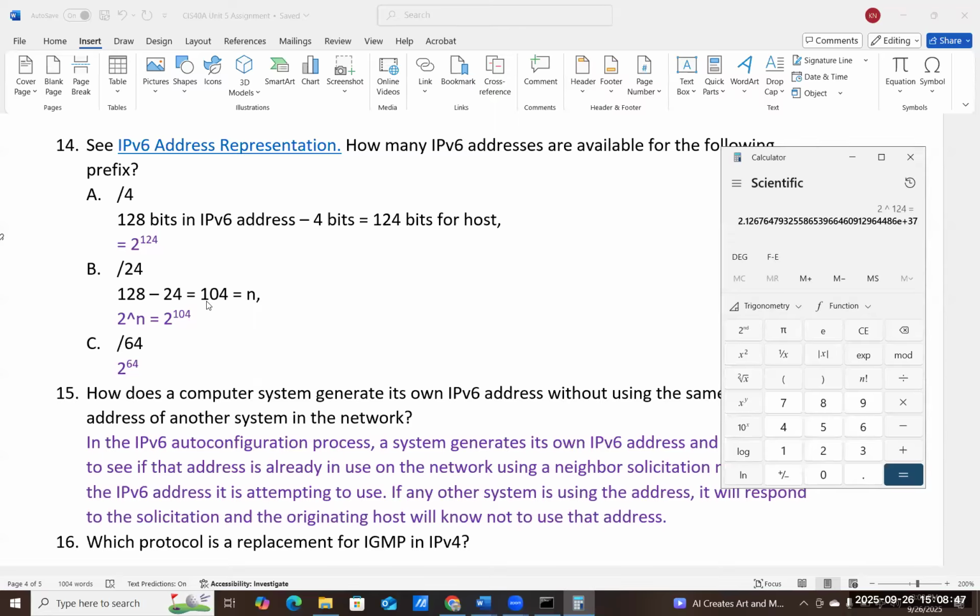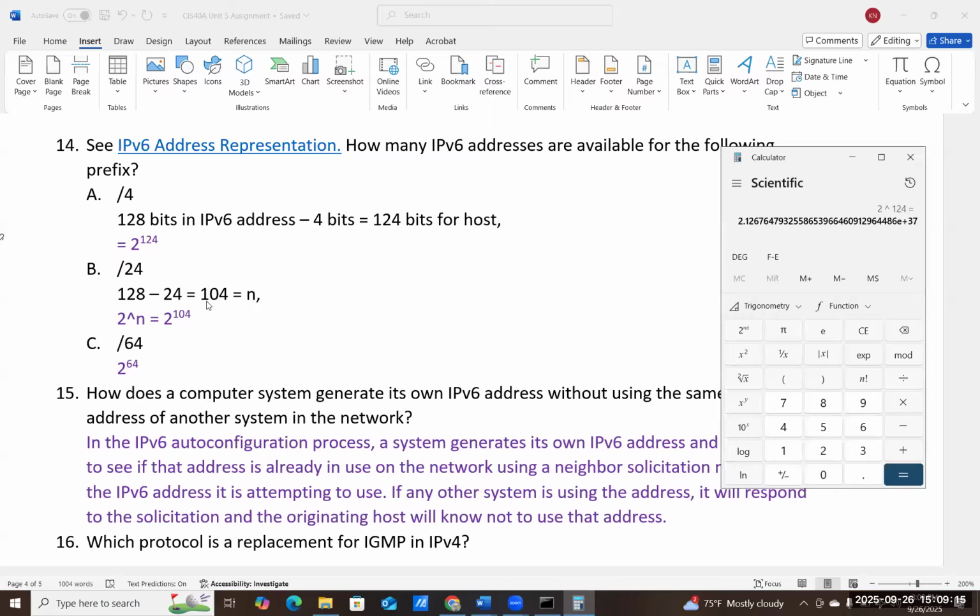So you would take 2 to the power of 104, and you would have the number of hosts for that subnet or that segment. As you can see, when you increase the prefix number, you have a decrease in the host value. So there is an inverse relationship with those values.